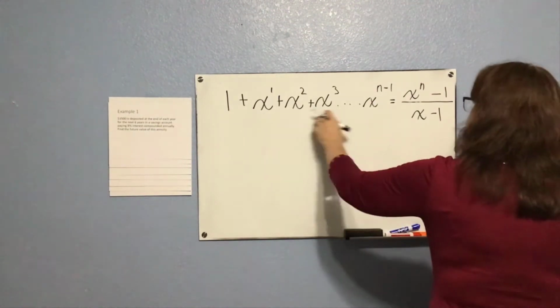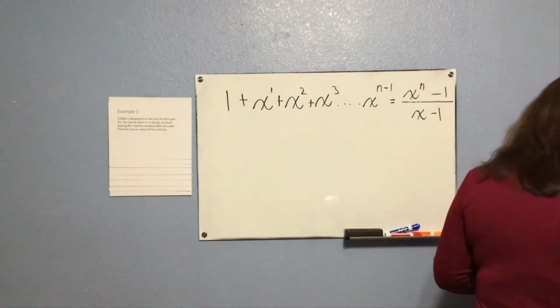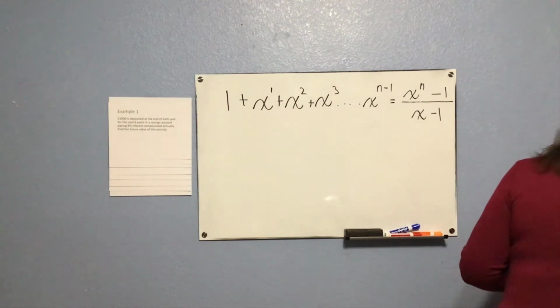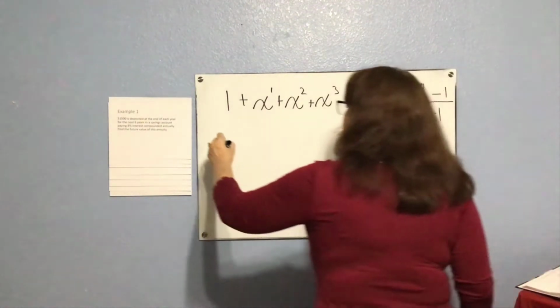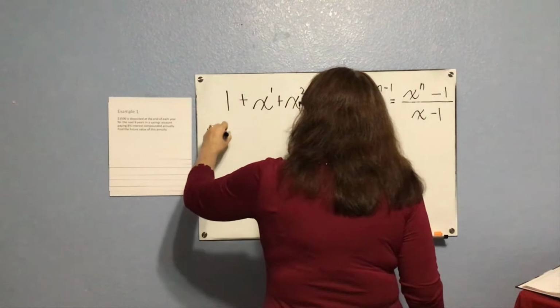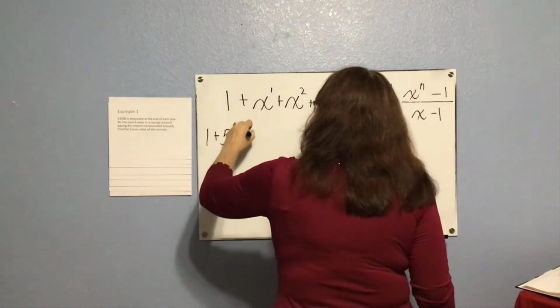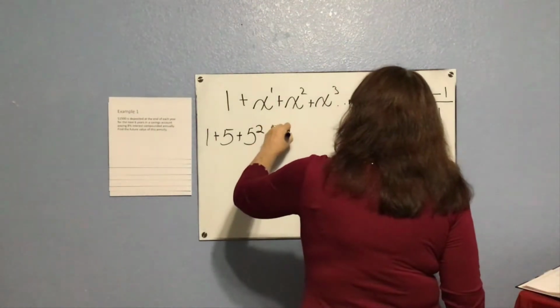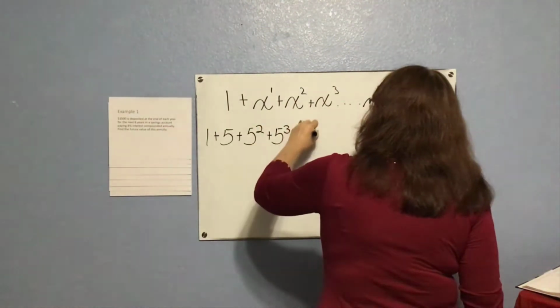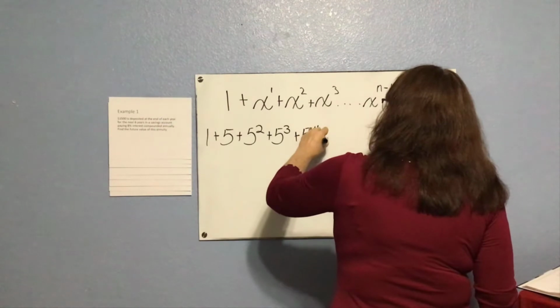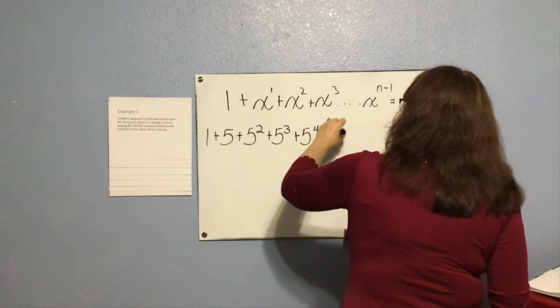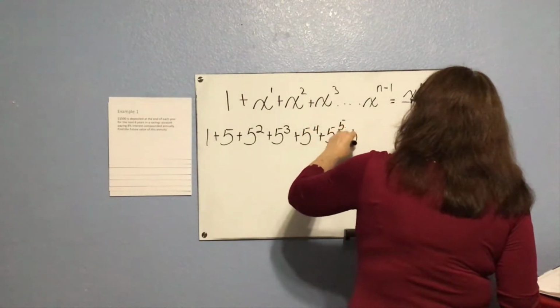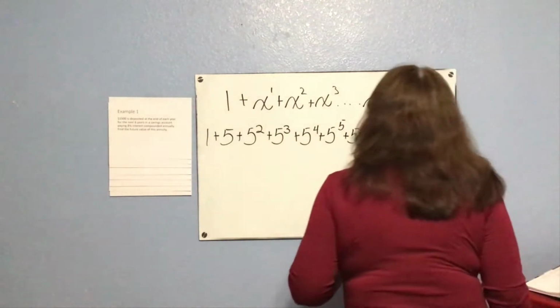So make sure you distinguish between those two. Okay, this is a special case of a geometric series. Let's look at it with numbers. If I have 1 plus 5 plus 5 squared plus 5 cubed, and we're going to go up to 5 to the 6th power.